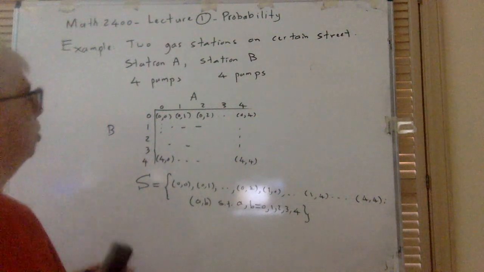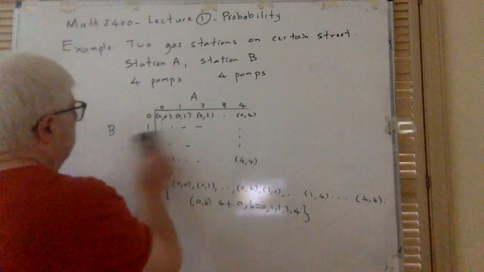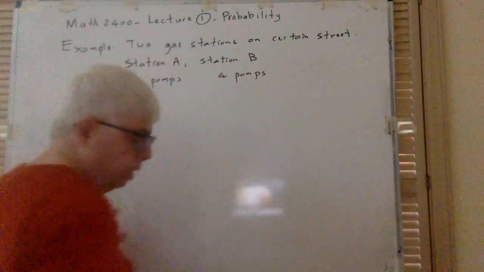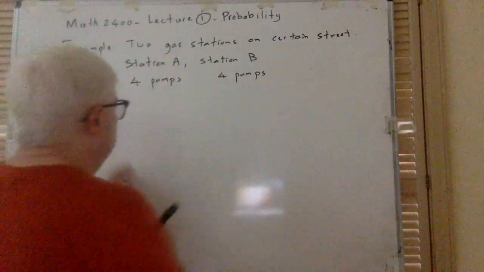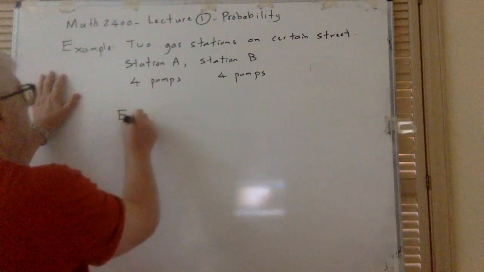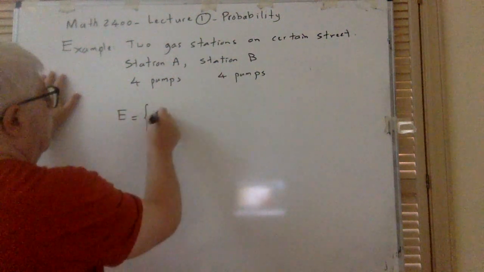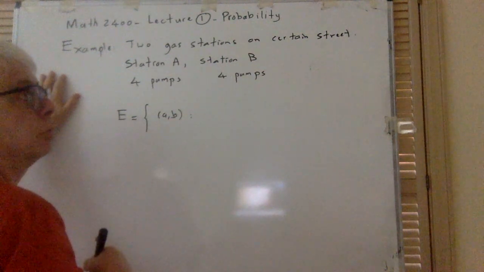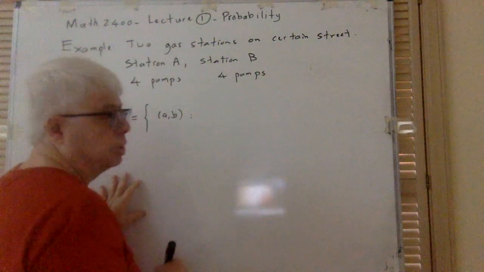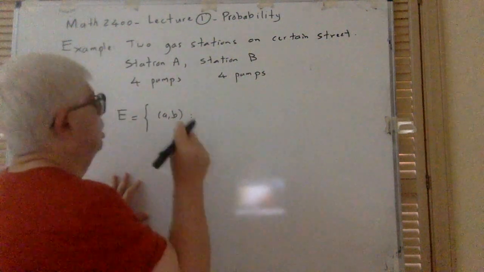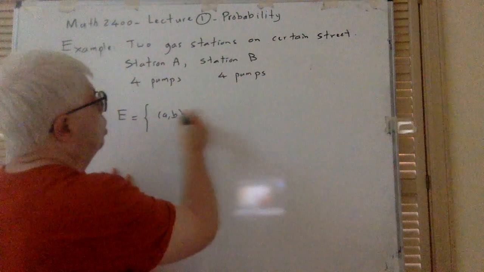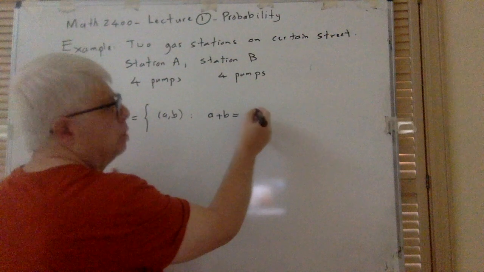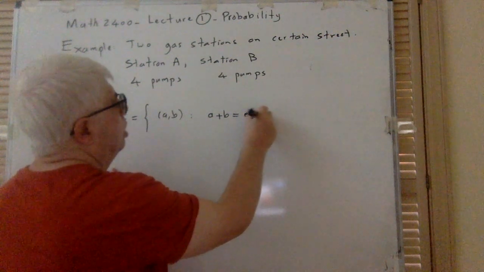So for example, we can talk about the event E, when we have an even number of cars at the pumps in this experiment. So this event is saying that a plus b is an even number.